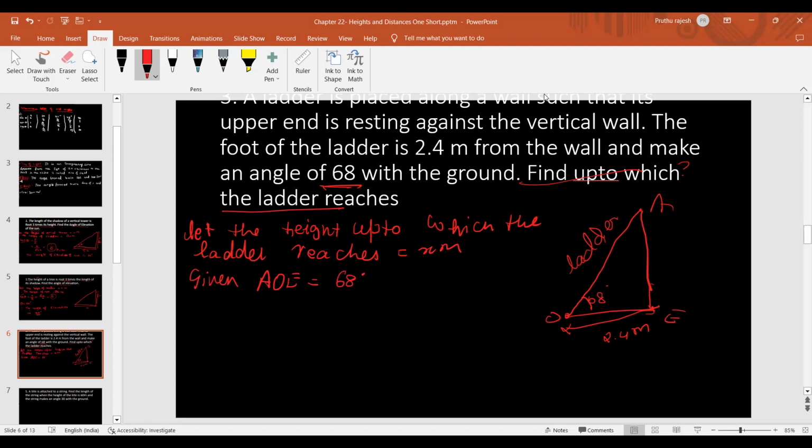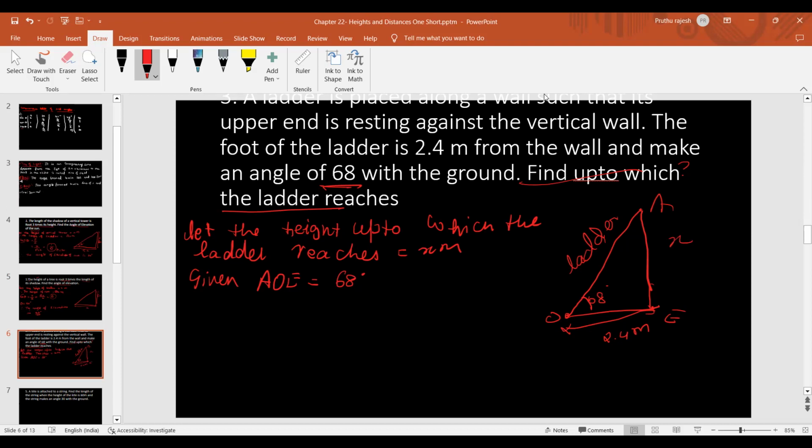So applying, we know they have given us the value of perpendicular and base. Perpendicular we have already determined to be x meters, or h meters.